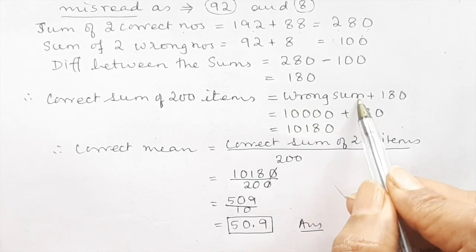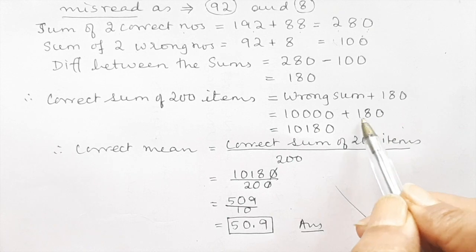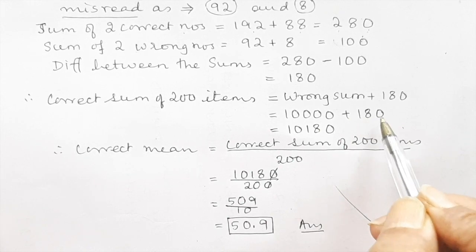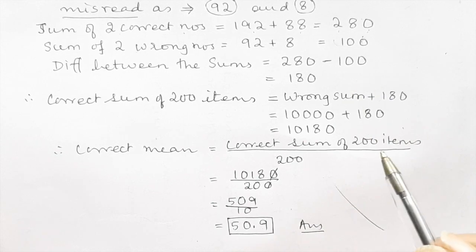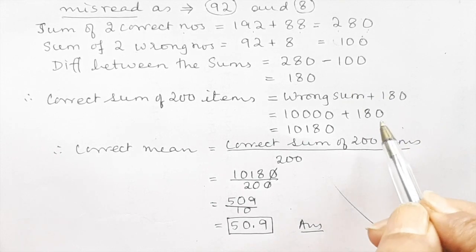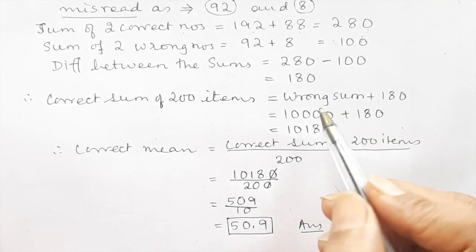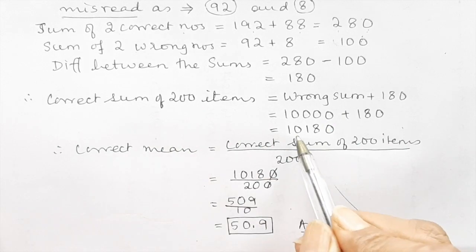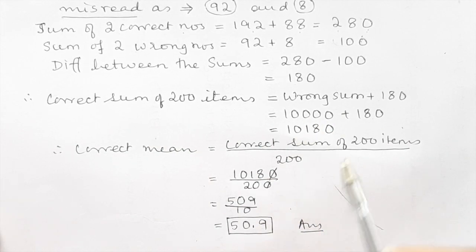So the wrong sum of all the numbers was 10,000. And in that, 180 was not included, 100 was included. But the actual sum of the correct numbers 192 and 88 was 280. That means 180 was not added in the wrong sum. So the correct sum becomes this plus this, which is 10180.